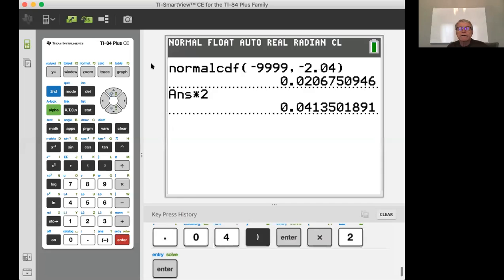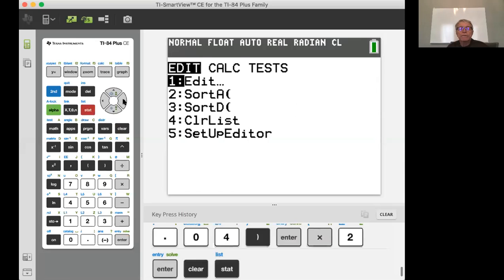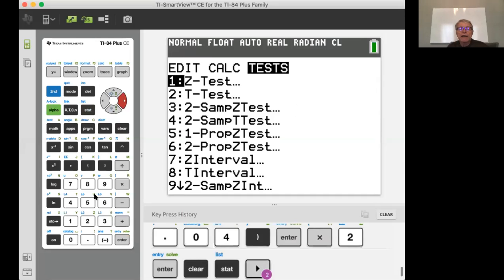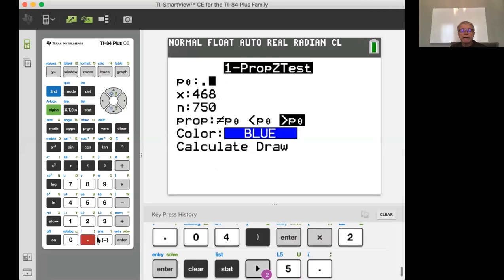So 85 and 144 are what we're going to be putting in there. So let's go back and do this on the calculator. Share. Okay, so let's clear this and let's go to stat, right arrow to tests, and number 5 is the one prop Z test. Remember, number 5 is the one prop Z test for test of proportion. 0.67, as I recall, is our hypothesized proportion.